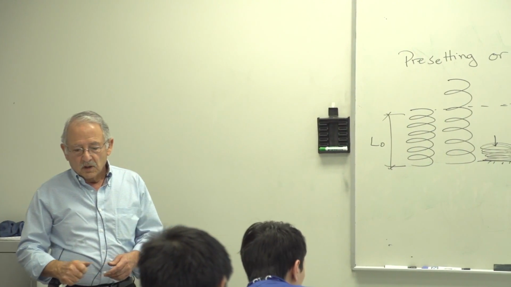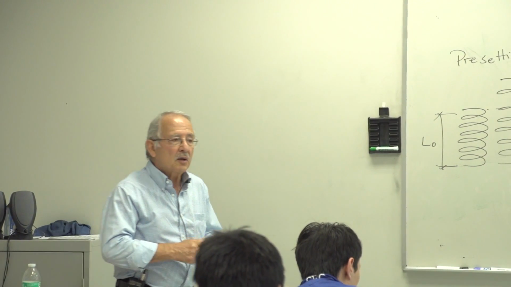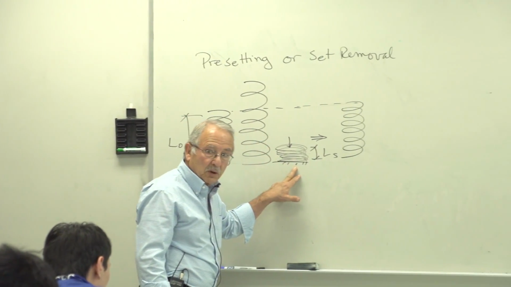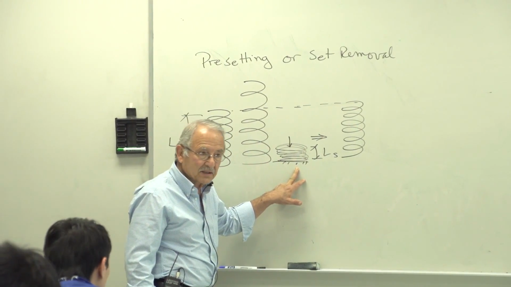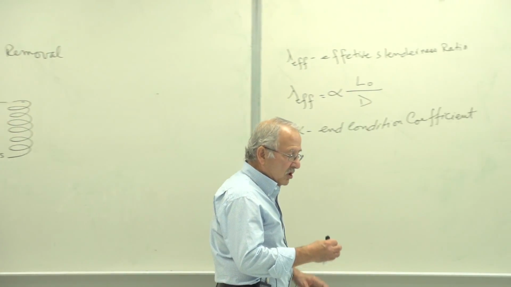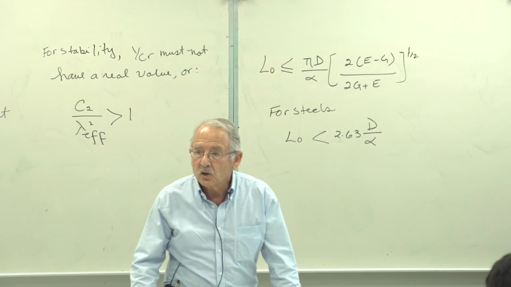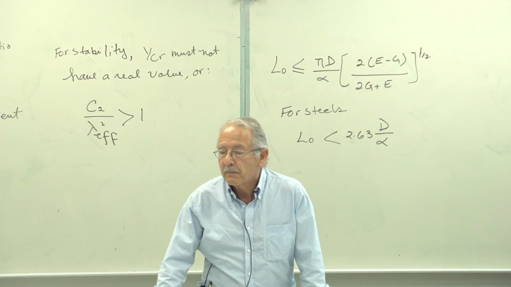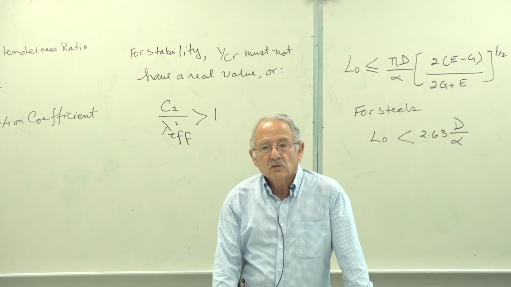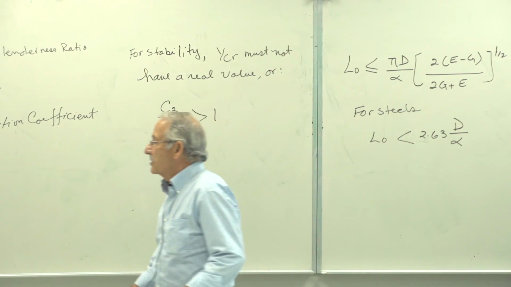Now, the reason why we do this is that anytime you deform a material plastically, and remember this has to yield, so that's plastic deformation, anytime you deform a material plastically and then unload it, stresses will remain in the material called residual stresses.